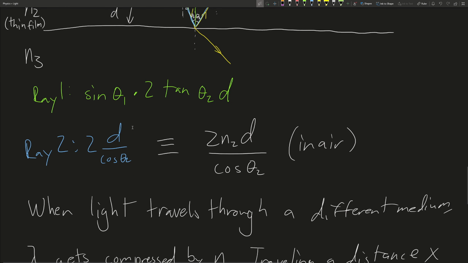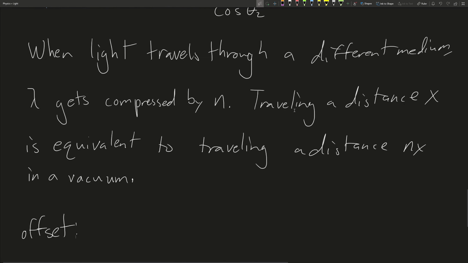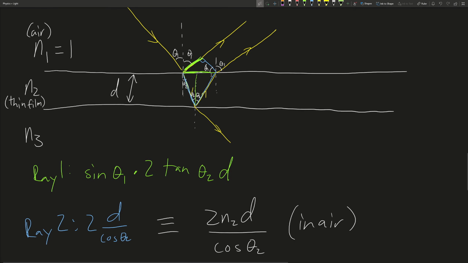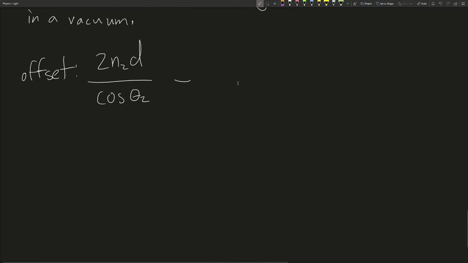The second light ray is given by 2n2d divided by cosine of theta 2, minus the distance that the first light ray travels in air, so that they start at the same place. And this is going to be equal to 2d tan theta 2 sine theta 1.